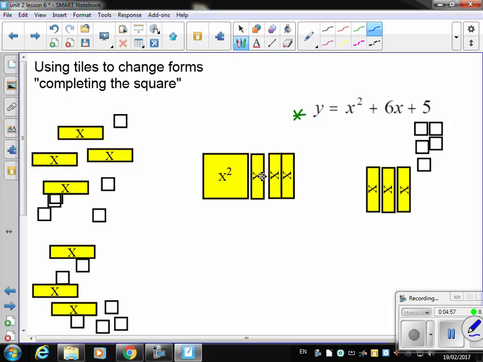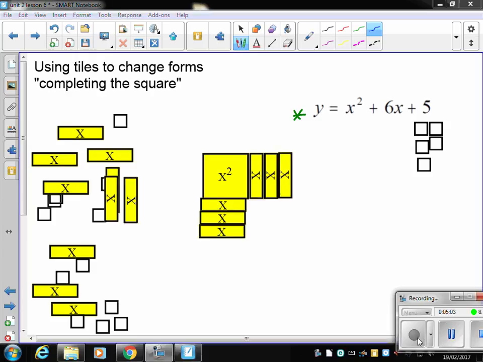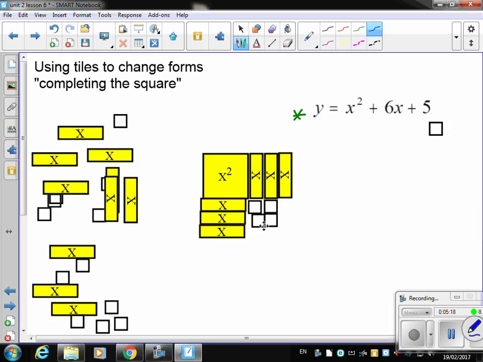All right, I had a little trouble with some of them turning on me, so I'm trying to make a perfect square with these blocks. And I'm going to just be a little bit short. So I might have to add a couple more to make this perfect square.